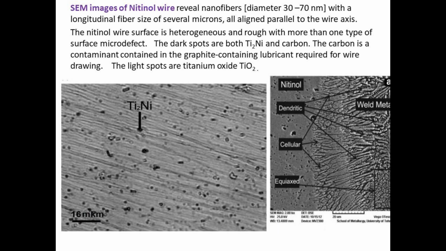These are the images that are seen under scanning electron microscopy, in that nitinol is arranged as nanofibers of diameter 30 to 70 nanometers in longitudinal fibers, all directed in the same direction, of approximately microns.